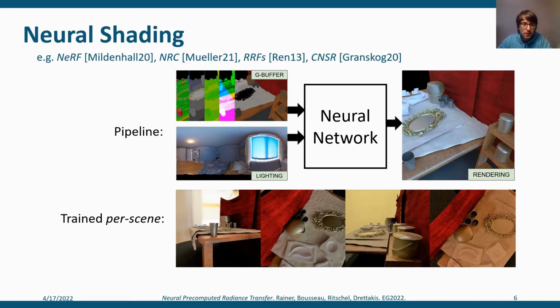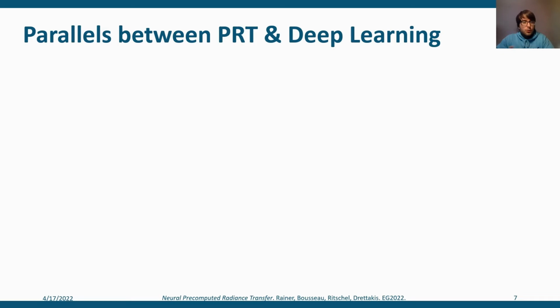So here, for instance, one would render a given scene under many different viewing angles and lighting conditions and train the network to reproduce those. So to learn to relight new views, the network will then basically become a compressed representation of the light transport in that particular scene. So hopefully this is starting to reveal some parallels between neural rendering, more specifically neural shading, and PRT.